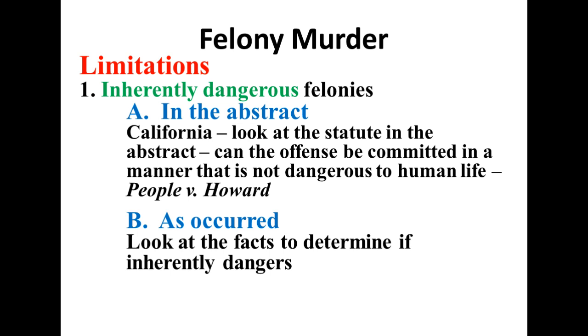And if they do, they will find that it is an inherently dangerous felony and can be used as a predicate to felony murder. And there are a number of jurisdictions that designate certain felonies as inherently dangerous. And these jurisdictions go felony by felony, designating certain ones as inherently dangerous felonies.